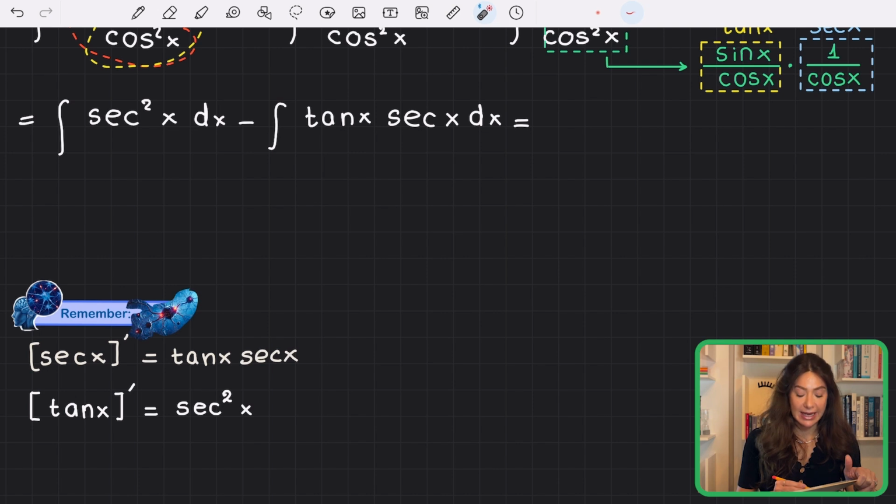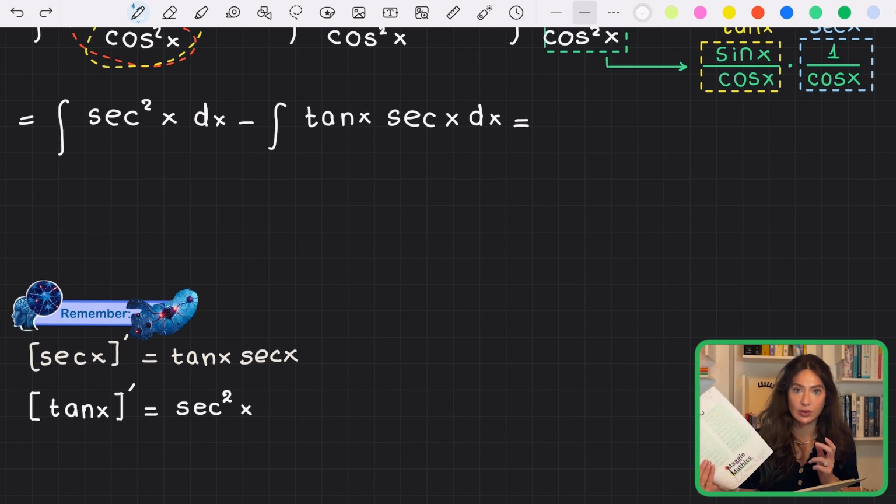The derivative of secant x is tangent x secant x. The antiderivative of tangent x secant x is secant x, because when you're taking an integral, the question you're asking is, whose derivative is this? That's the solution to that integral. By the way, both of these integrals are part of your basic rules of integration. But if you want to remember them from Calc 1, then the derivatives are here.